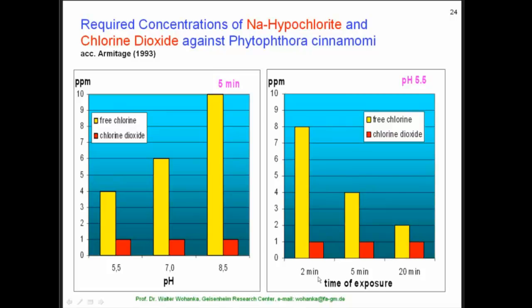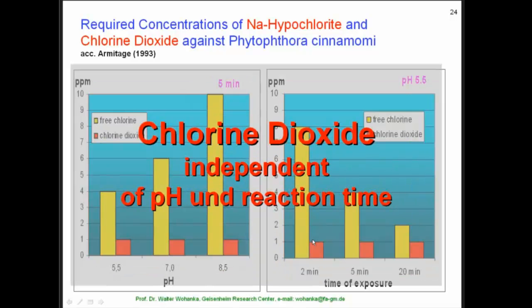I will look at the 2-minute exposure time. 8 ppm, that is a lot, are necessary to kill Phytophthora. And again, chlorine dioxide is independent of the time. Already at the shortest exposure time, only 1 ppm is necessary to kill Phytophthora. So we can conclude that the efficiency of chlorine dioxide is independent of pH and contact time, in contrast to chlorine.